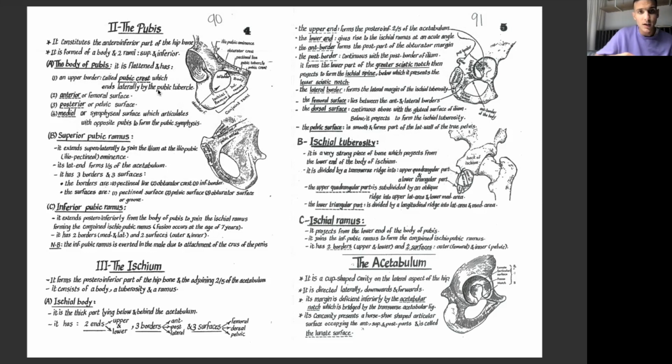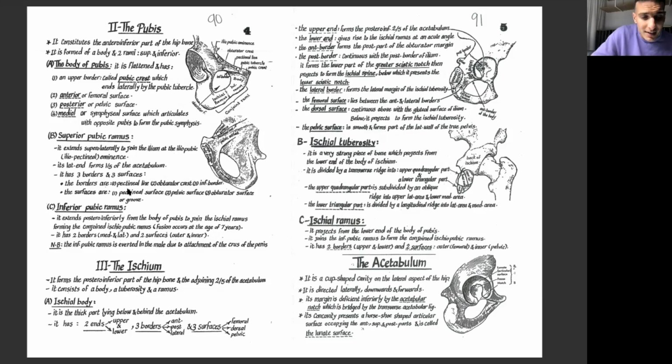Ischium. The ischium, on the other hand, forms part of the inferior posterior part of the acetabulum. It is made up of a body, a tuberosity, and a ramus. The tuberosity is called the ischial tuberosity, and as I said, it's the point where the sacrotuberous ligament attaches to the ischium.